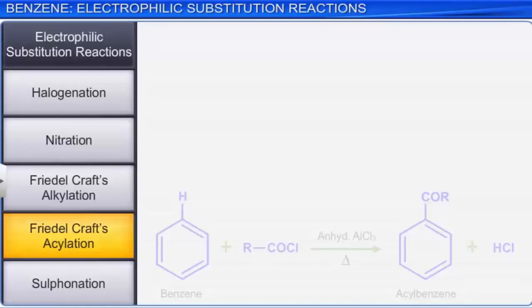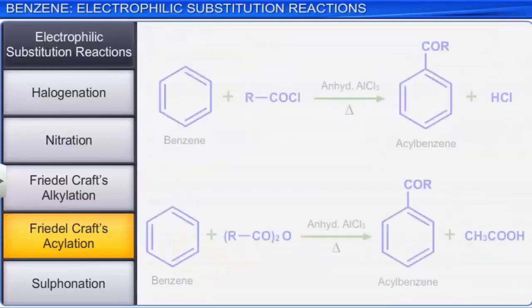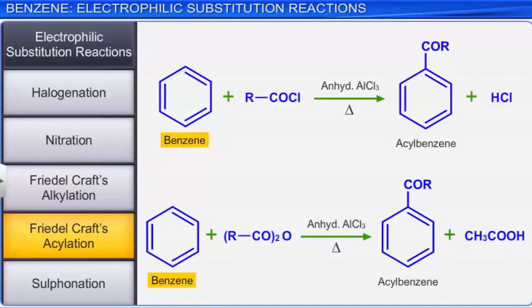Now let's look at the acylation reaction. When the hydrogen atom in a benzene ring is replaced by the acyl group, it is known as acylation reaction. When benzene is treated with acyl halide or acid anhydride in the presence of anhydrous aluminium chloride, benzene forms acyl benzene.